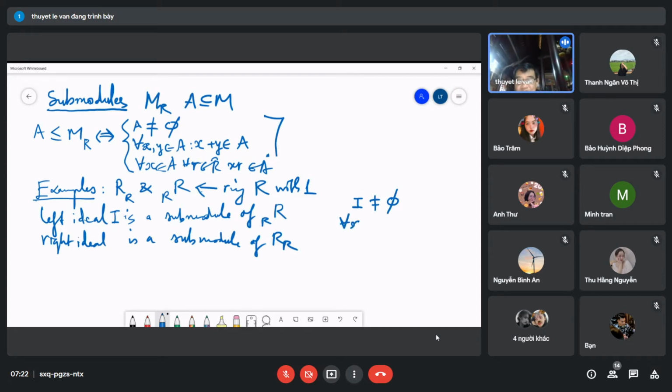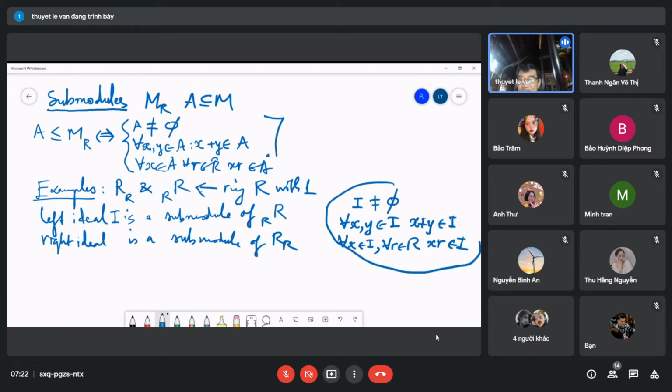The second condition is that for x, y in I, x plus y should be in I. And the third condition is that for every x in I and for every r in R, you should have xr in I.